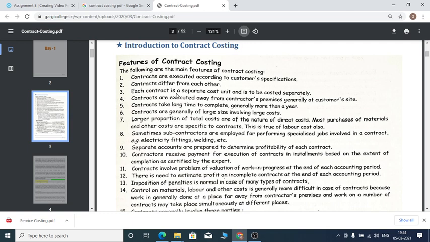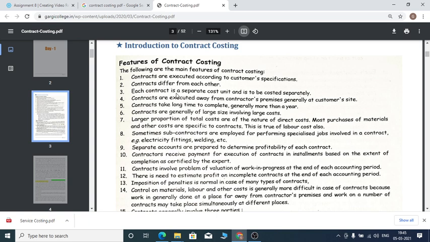So contract costing is a technique to calculate the cost involved in construction activities. In construction activities, material, labor and various other kinds of overheads are used to complete the contract. As a contractor, you must know the total cost of your contract, and after calculating the total cost you can ascertain the profit or loss arising from the contract.